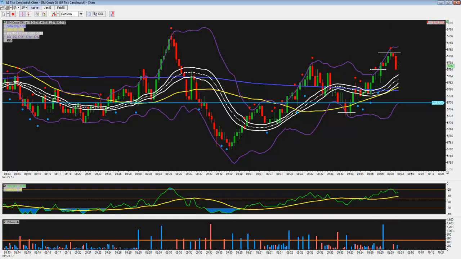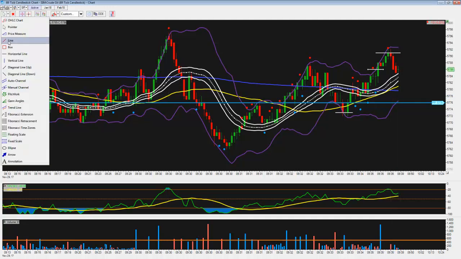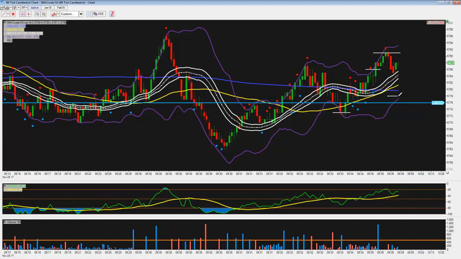Now 57.90 is our long. Our stop is 78. This looks like the tiebreaker bar right here.